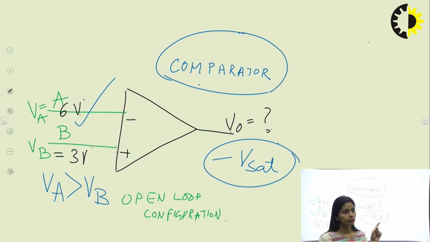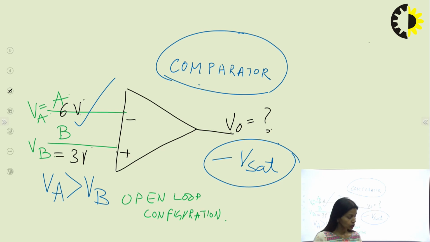If the voltage at the inverting terminal is greater than the voltage at the non-inverting terminal, the output is minus VSAT, and if the voltage at the non-inverting terminal is greater than the inverting terminal voltage, then the output will be plus VSAT.